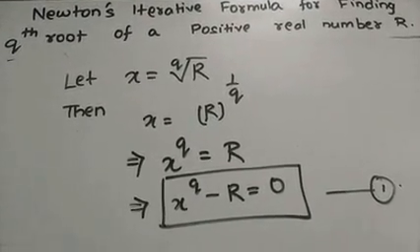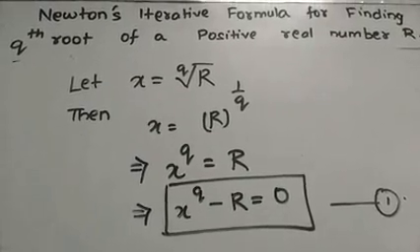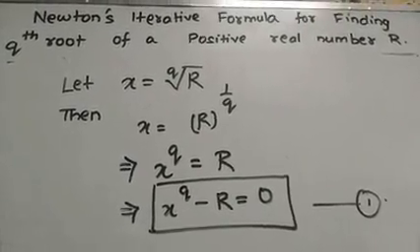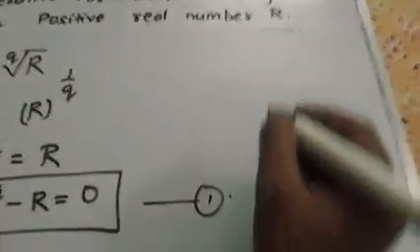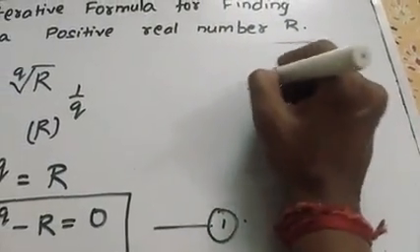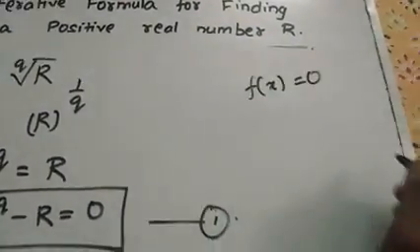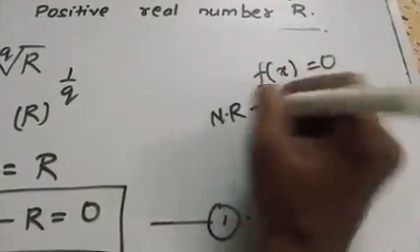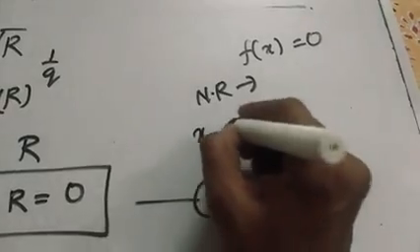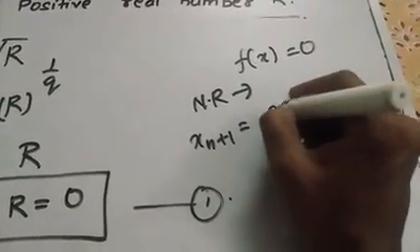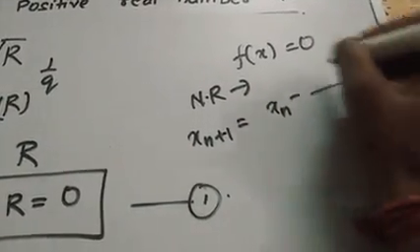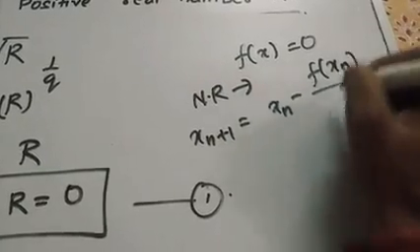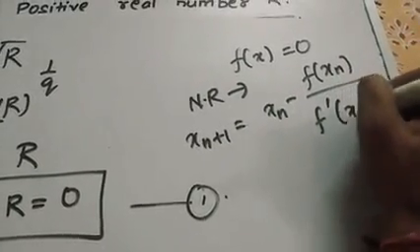Now a small recall of the Newton-Raphson method. What was the Newton-Raphson method? For a function f of x equals 0, the Newton-Raphson method is x n plus 1 equals xn minus f of xn by f dash of xn.